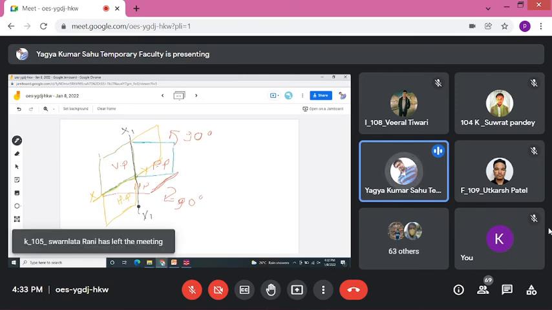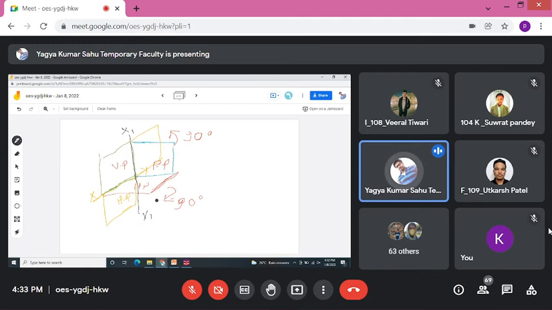Can you see all the three planes in a single paper now? If you draw in a single paper like this, so this is xy. This is your vertical plane, and below this you'll get horizontal plane.